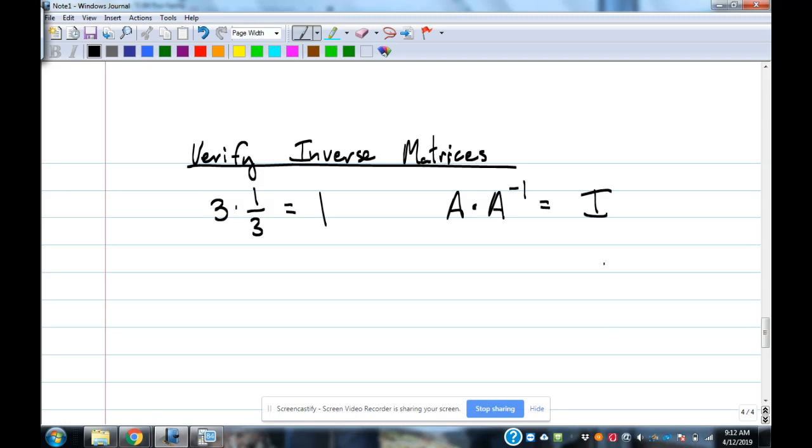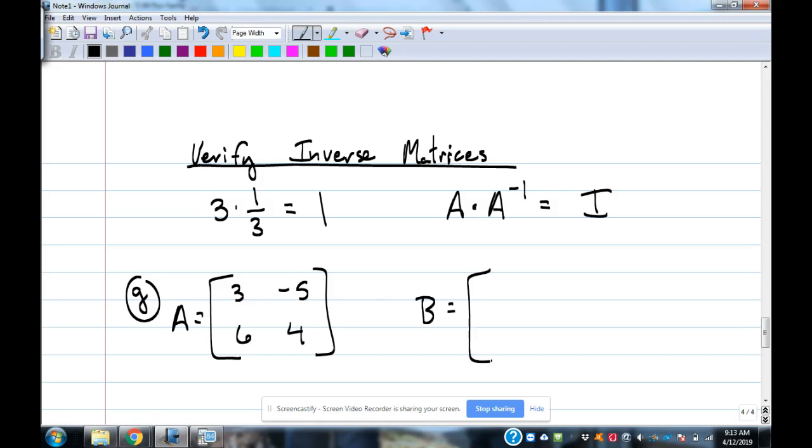All right. So with inverses on matrices, if I multiply matrix A times its inverse, I'm going to get back the identity matrix. So for our example, from example F, we know matrix A was 3, -5, 6, 4. We'll call that matrix A. Let's say they gave me those two and said, verify that they are inverses of one another using multiplication.